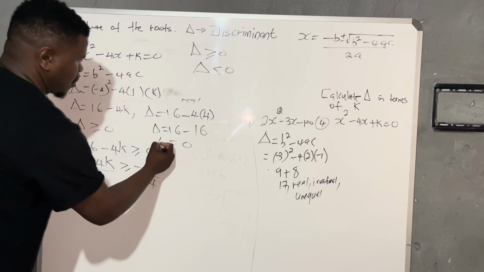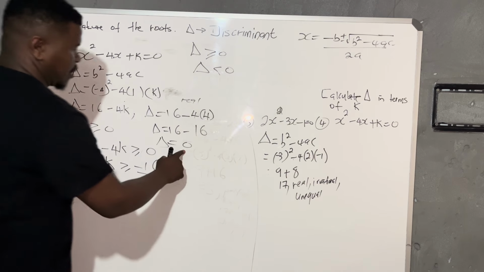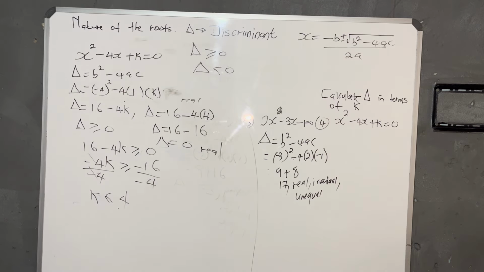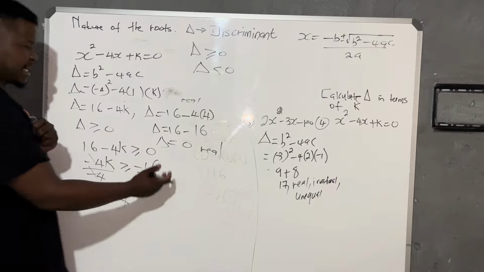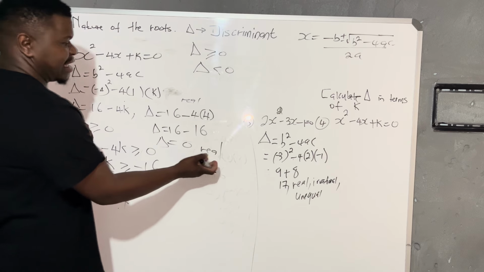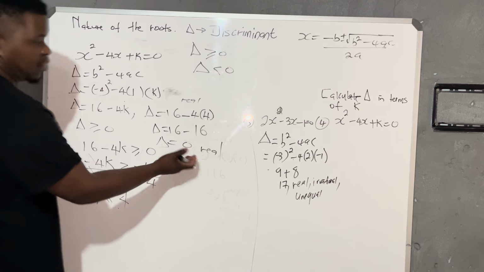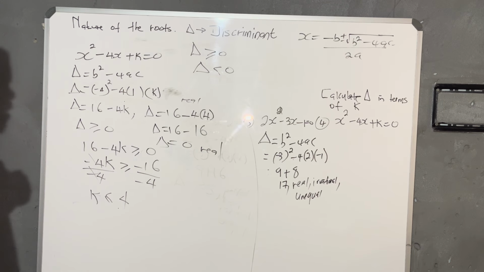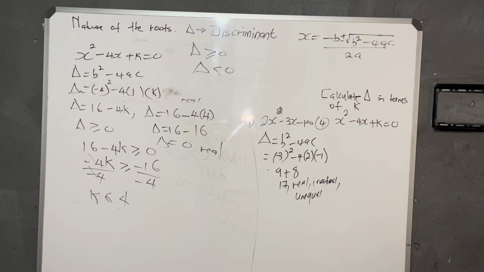Then it gives you a 0. So 0, this is real. Like they said, determine the value of k if the roots will be real. So indeed, after getting my k, when I substitute to check the nature of the roots, I'm getting a 0. So that is real. And obviously, as long as it's 0, it's also equal. Real and equal.